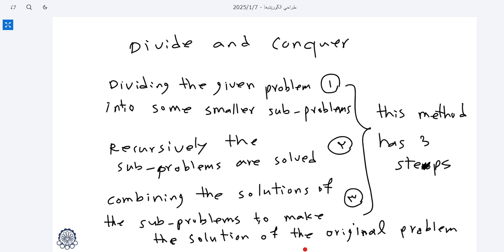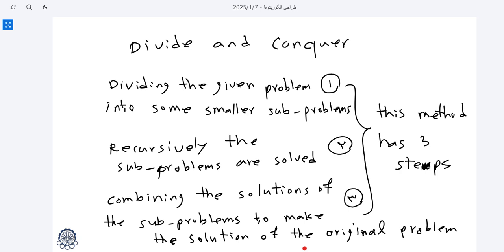We do not consider the whole problem altogether. We divide the problem into some smaller subproblems.